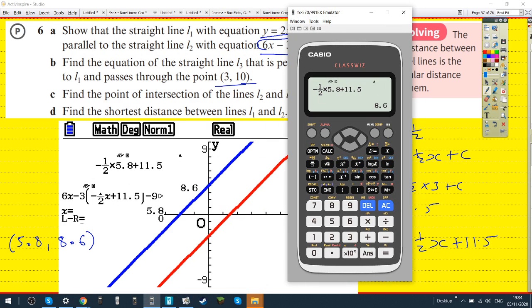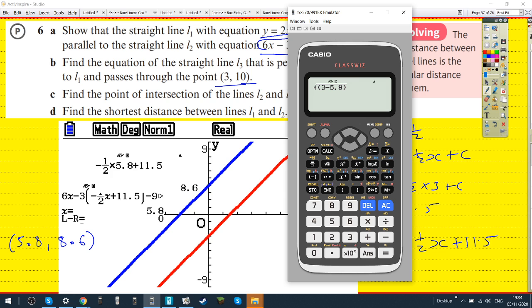Okay, so would you do 3... oh no, would it be 3 minus 5.8? Yep. Minus... and then close brackets squared.